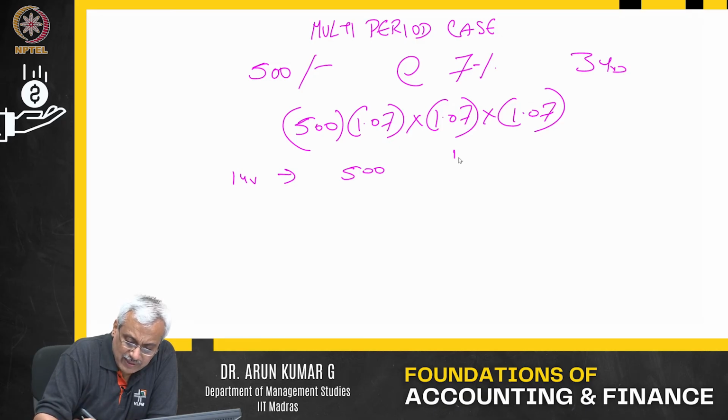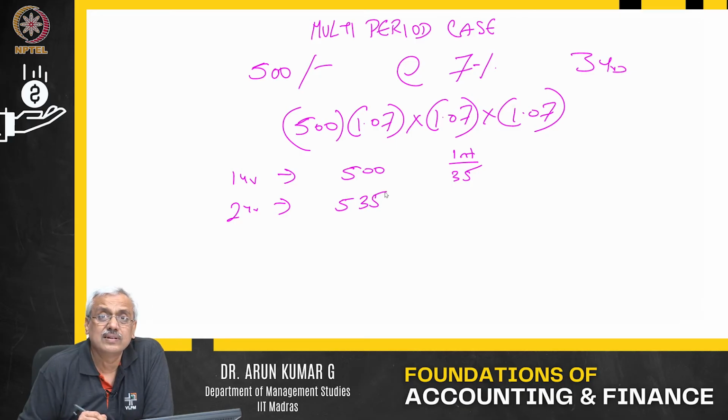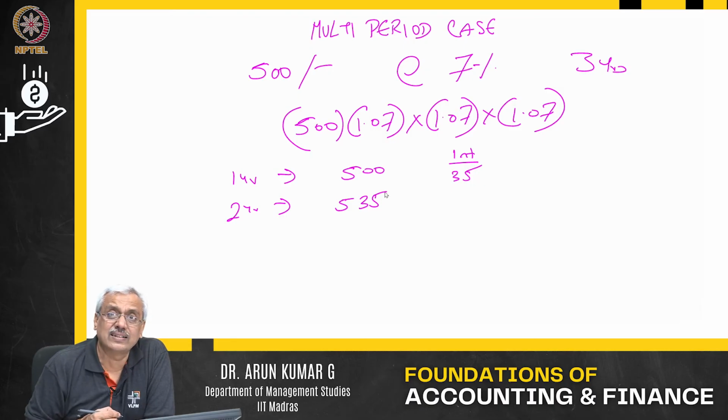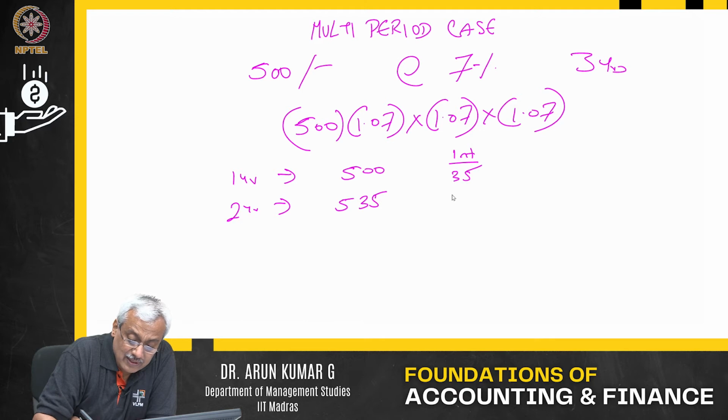So I am going to have interest of 35. In the second year, what is my capital? This 535 becomes my capital. That is going to earn 7% interest. What is the interest component? 37.45.